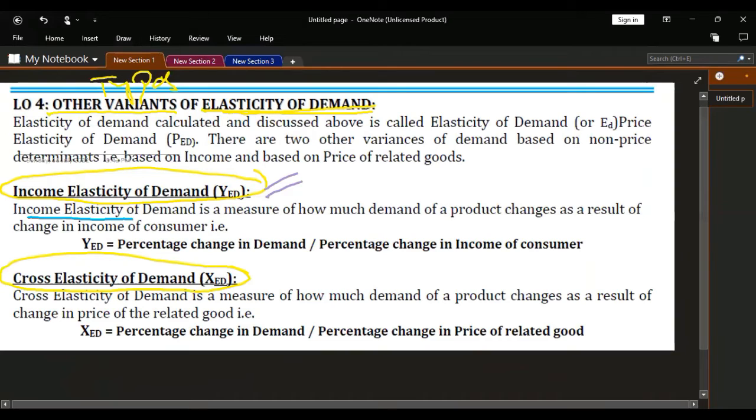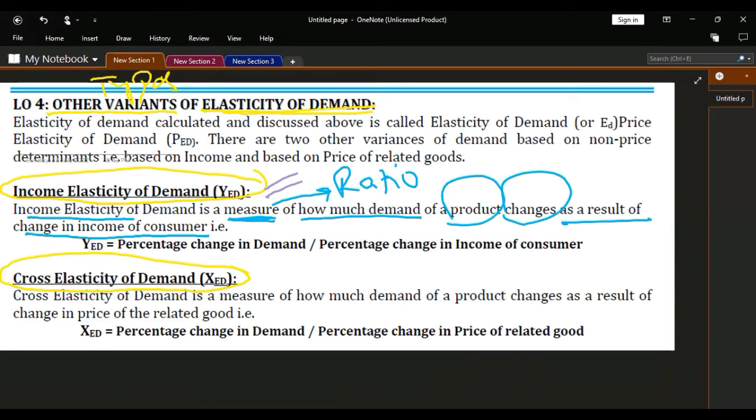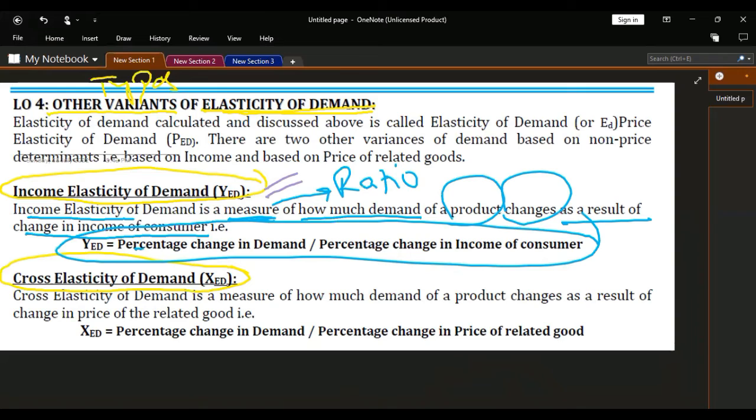Income elasticity of demand is a measure or ratio of how much demand of a product changes as a result of change in income of the consumer. That is, you can derive this formula by writing it as percentage change in demand divided by percentage change in income of the consumer.